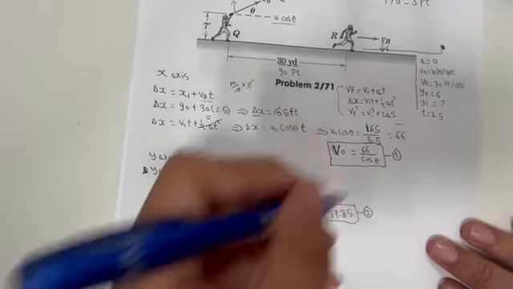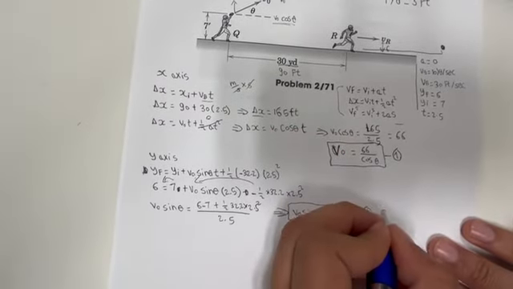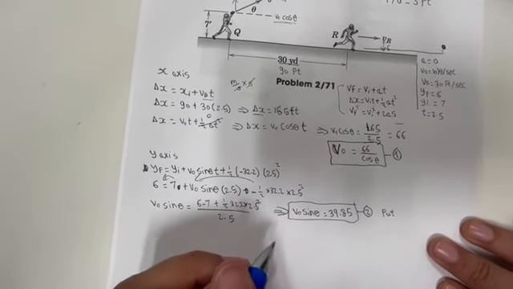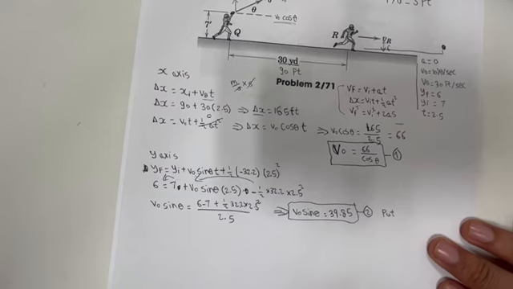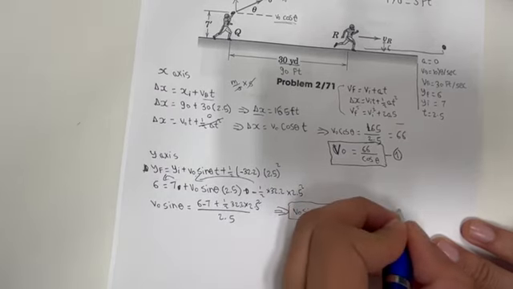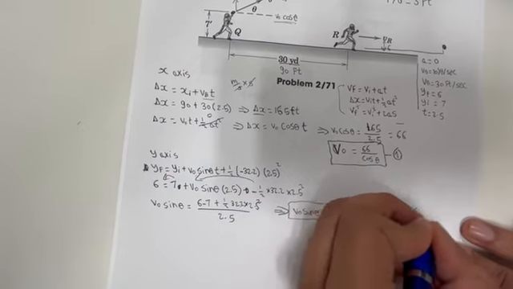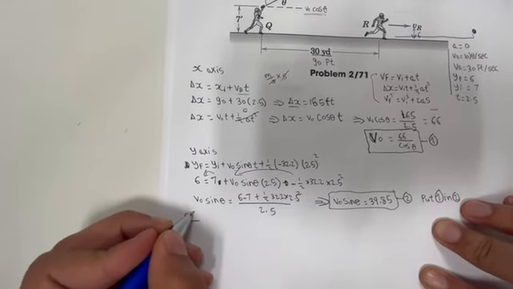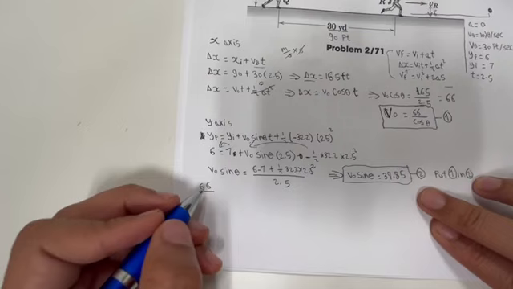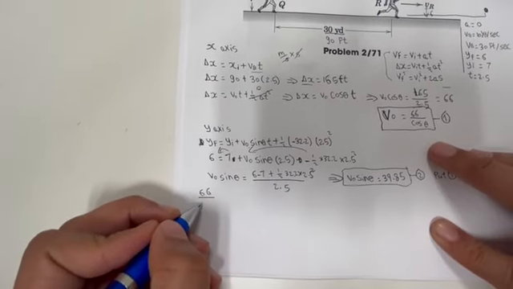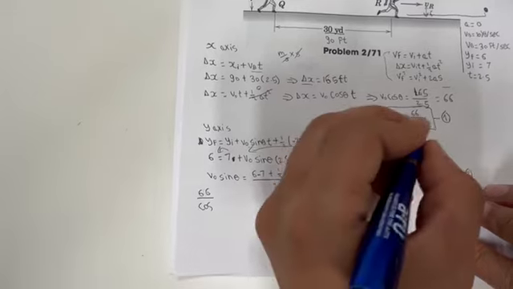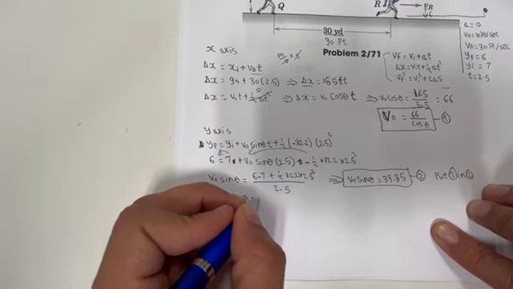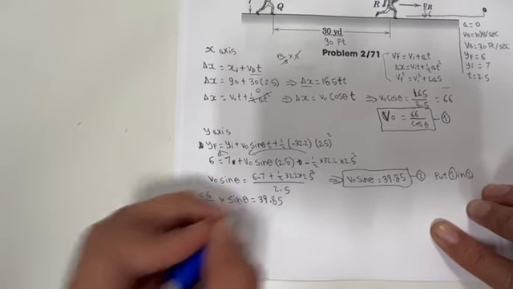Let's put both of them together, equations 1 and 2. So 66 over cosine theta, multiplied by sine theta, equals 39.85.